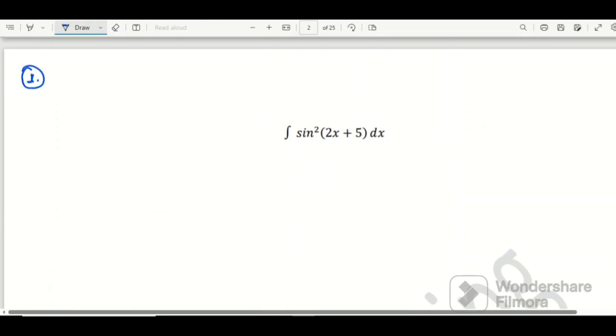integration of sin square 2x plus 5. Here we'll be using the trigonometric identity 1 minus cos 2x equals 2 sin square x. So I'll write here 2 sin square theta equals 1 minus cos 2 theta.